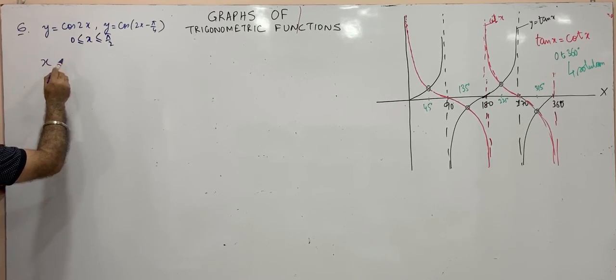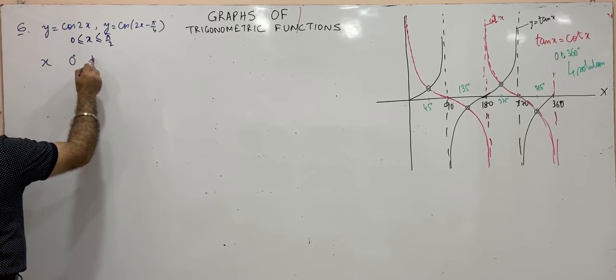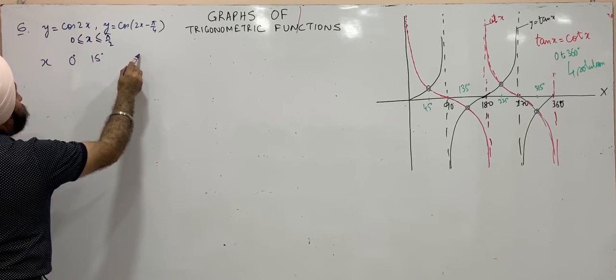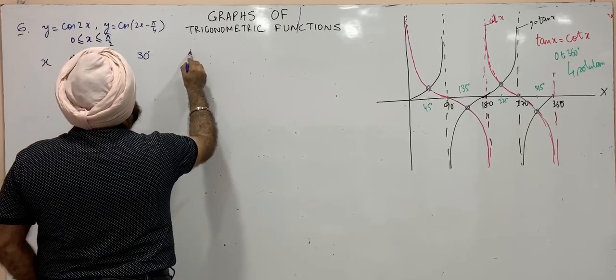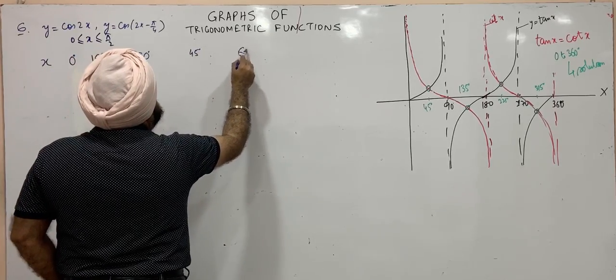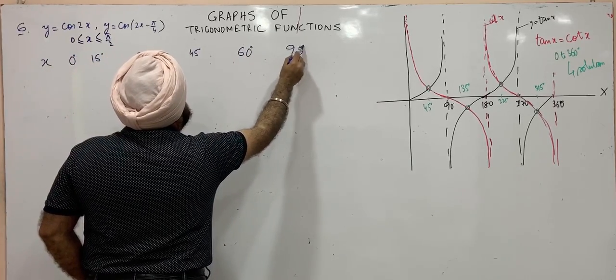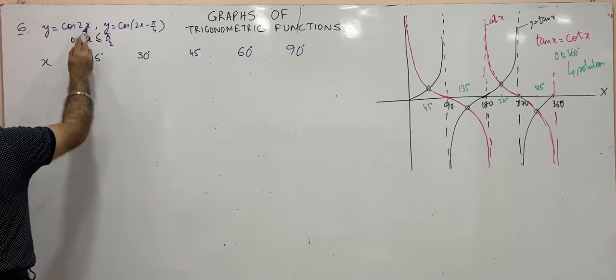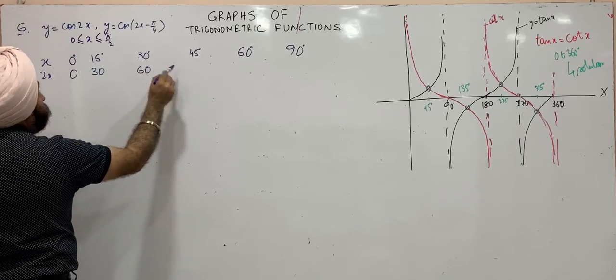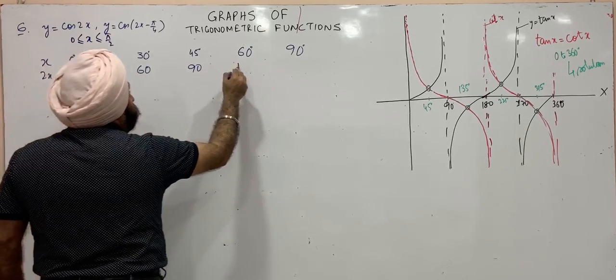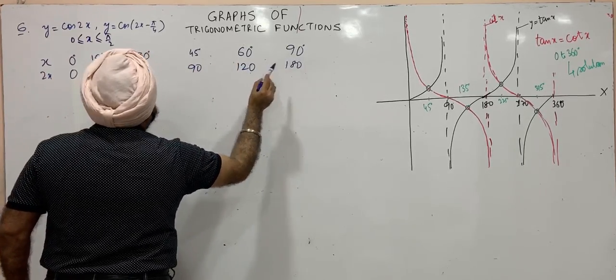Values of x: this is 0 degrees, 15 degrees, then 30 degrees, 45 degrees, 60 degrees and 90 degrees. We need 2x also. 2x will be 0, 30 degrees, 60 degrees, 90 degrees, 120 degrees and 180 degrees.